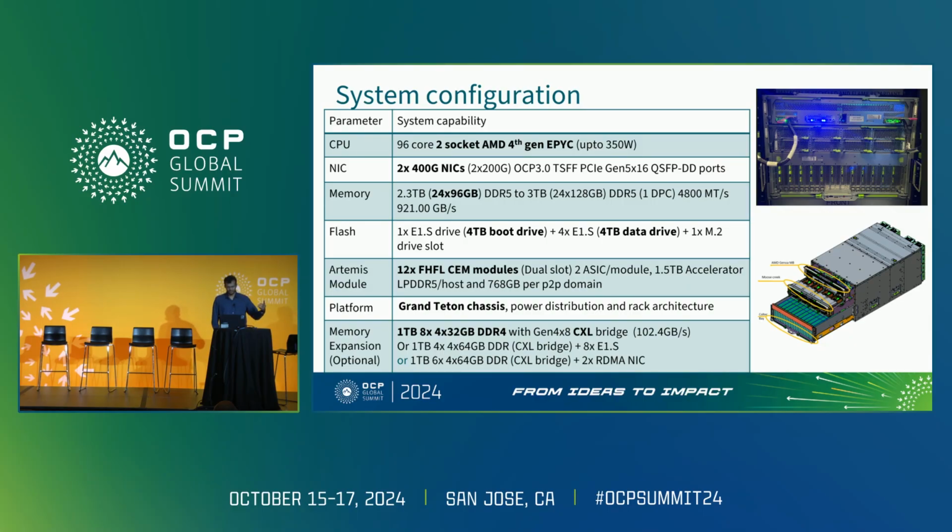Alternately, we can reduce the number of CXL modules and increase the number of flash drives with the same baseboard. The same baseboard also supports connecting an RDMA NIC to the switch that is also holding the accelerators. This modularity allows us to make late binding changes as and when our inference models evolve.